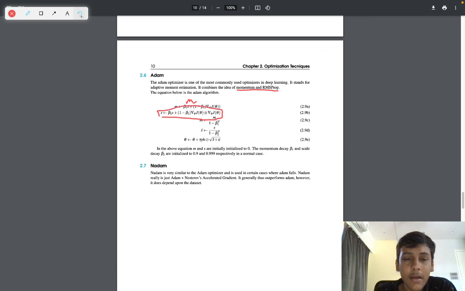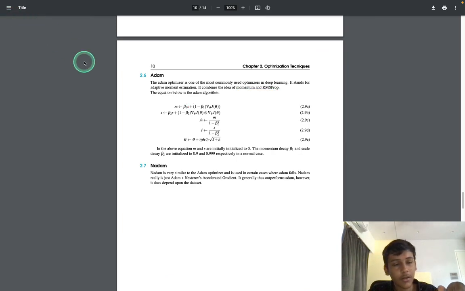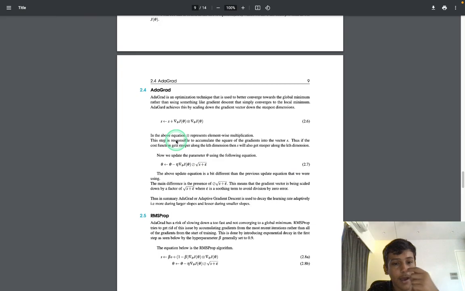And then if you add a little bit of momentum to it, which will smooth out all of your gradients, which was something that we saw in momentum, and also increase your processing time. And then you have the values of M and S. In this way, initially what we were doing is we were having our grad j theta over here.